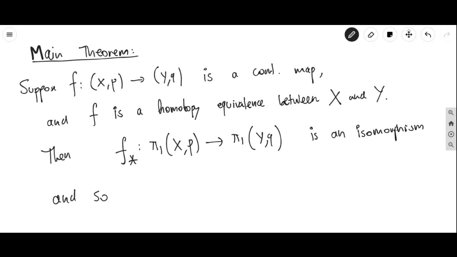And so x and y have the same fundamental group. That's really the main theorem. So this is what we want to prove, that if we have a homotopy equivalence, then that homotopy equivalence will give us an isomorphism between the fundamental groups.